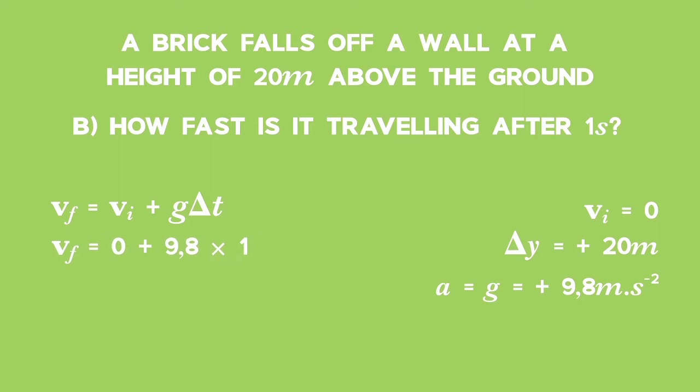Substituting the values in, final velocity is equal to 0 plus 9,8 times 1, giving us an answer of 9,8 meters per second down. Remember, velocity is a vector, so it needs direction, and we choose down as positive. It's important to write down the direction with vector answers.